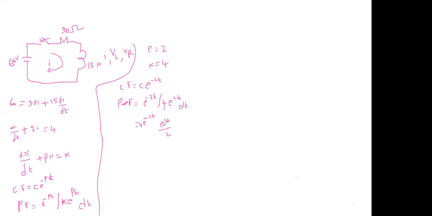This e power 2t and e power minus 2t cancel out. Finally, the particular function value is 2.